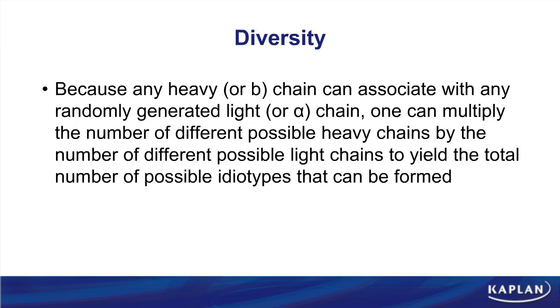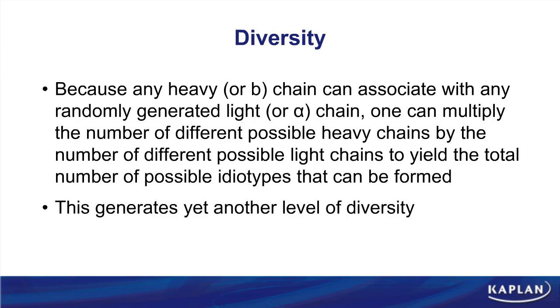But there are so many other layers and levels of diversity that help the immune system respond to all of the different things it can respond to. So another level of diversity is that any heavy chain can associate with any light chain, okay? And if we think about that, I can have the same heavy chain 10 times with different light chains, and that gives me different binding specificity.